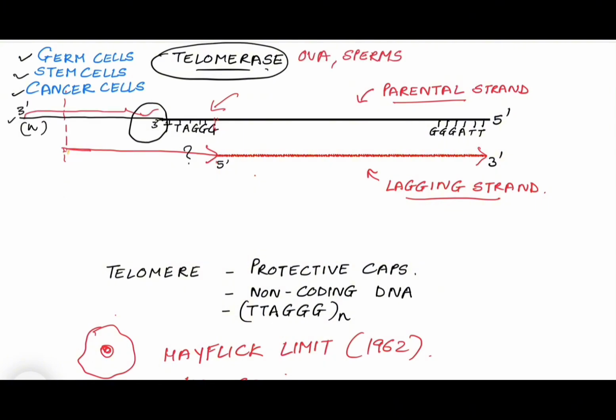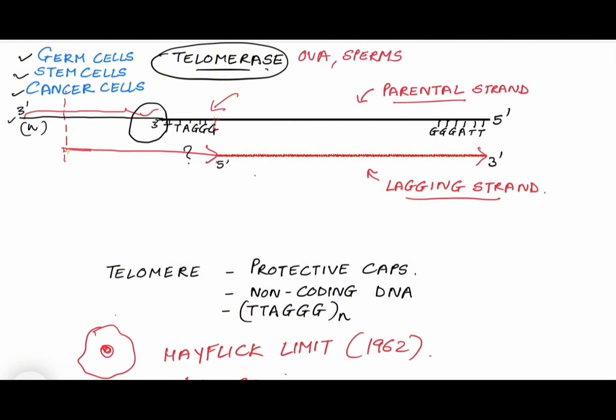The last point: why do germ cells or stem cells have telomerase activity and why do the telomeres keep extending there, whereas in somatic cells telomerase activity is not there and they do not divide after a particular number of divisions? The main reason is that germ cells must remain immortal as they have to pass the complete set of the genome to the next generation, whereas somatic cells stay mortal to prevent uncontrolled cell division that can lead to cancer.